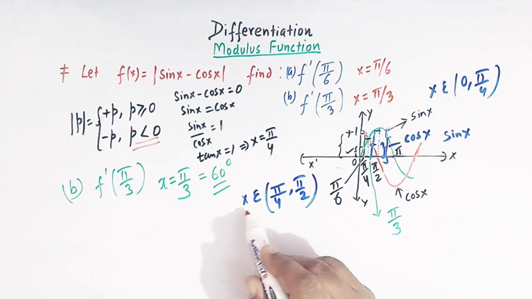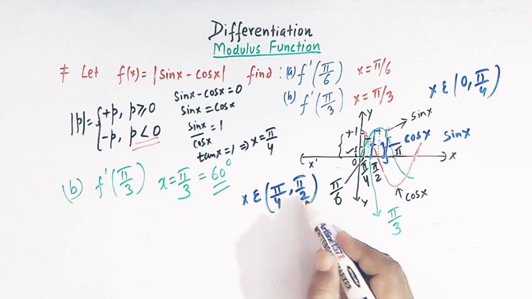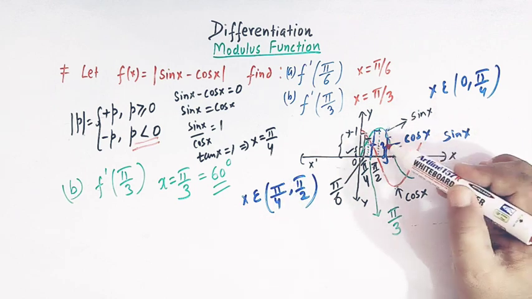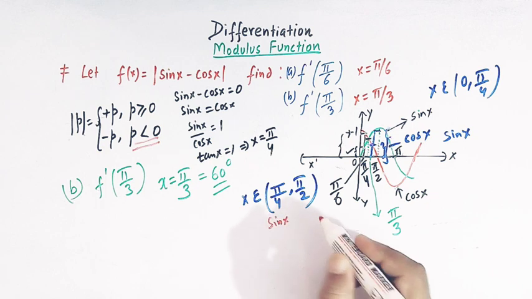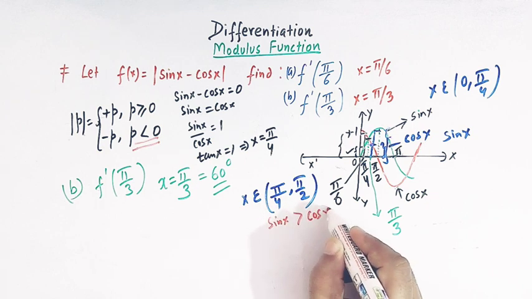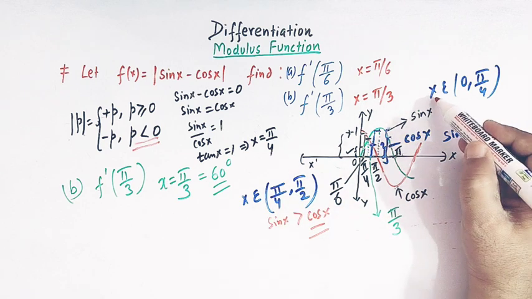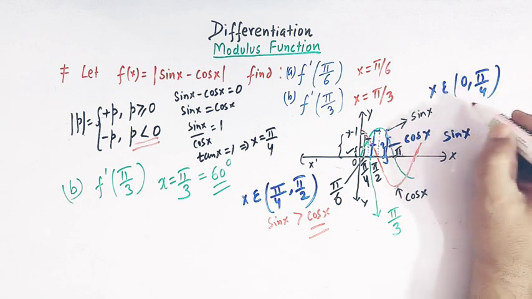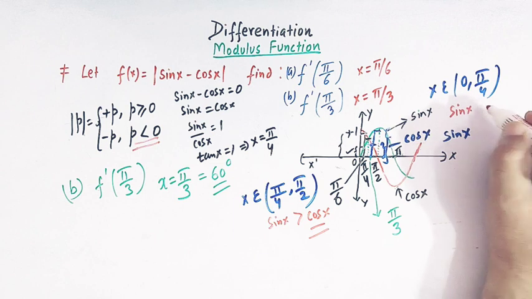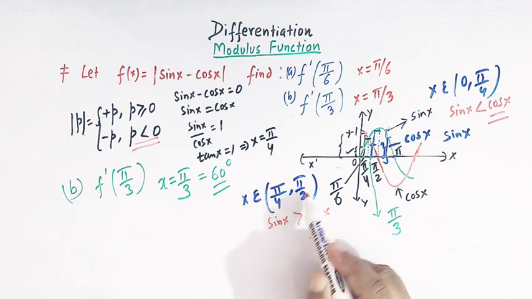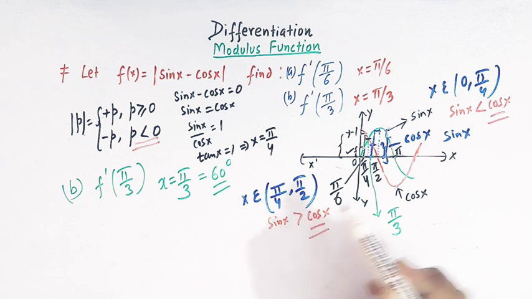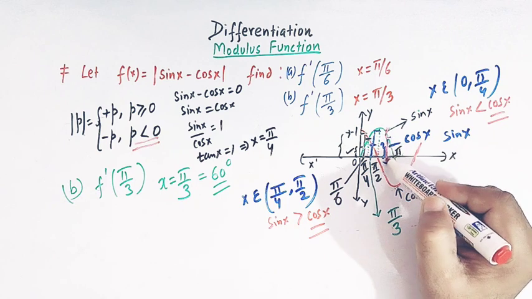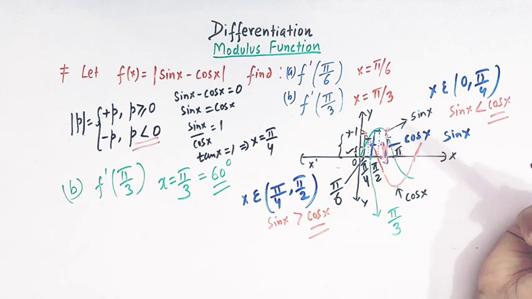So we see that when x belongs to pi by 4 to pi by 2, then the value of sine x is greater than cosine x, right? When x belongs to 0 to pi by 4, then the value of sine x is less than cos x, but when we go from pi by 4 to pi by 2, sine x is greater than cosine x, because see, this value is greater than this one.